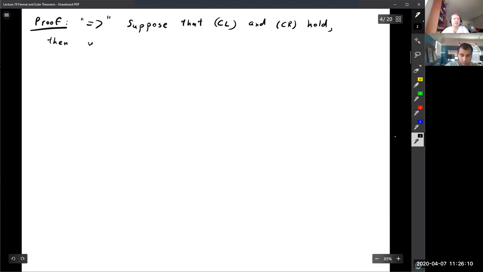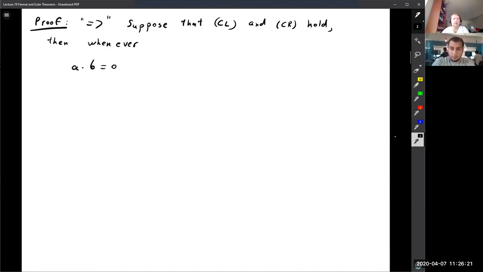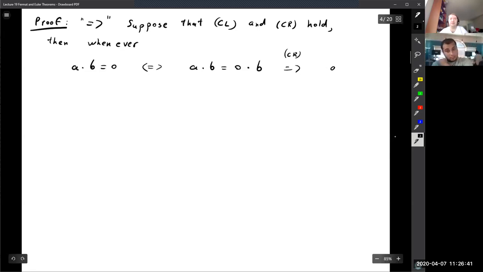Then whenever A multiplied by B equals 0, well, this is really the same as saying that A multiplied by B is the same as 0 multiplied by B, right? Which by the cancellation law would imply, and that would be the right cancellation law, that A equals 0.